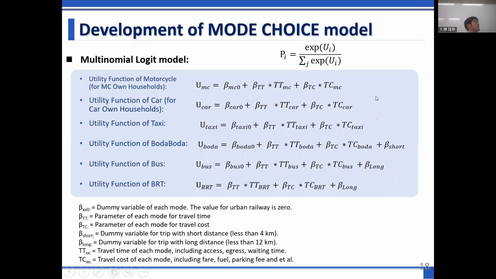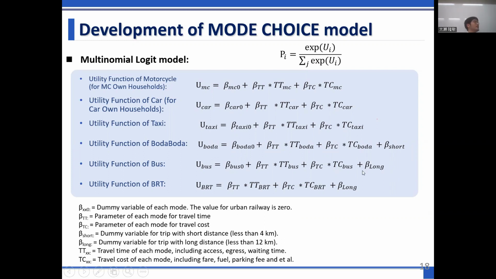And in some cases, boda tends to be selected for short distance trips. So if the trip is a short distance, the dummy variable must be chosen for the boda's utility function.